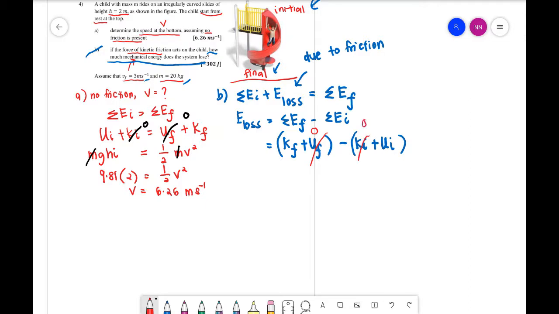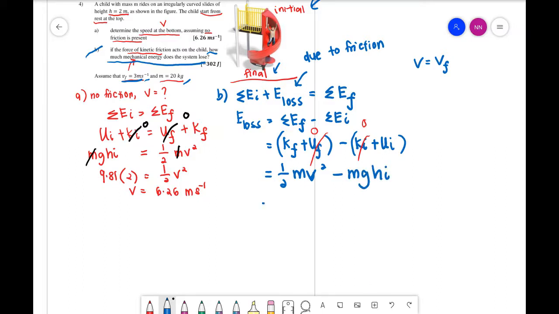Then kita boleh tulis formula lah. Kinetic energy final adalah half m v final squared. So saya letak simbol final velocity adalah V. Kat sini dia letak final velocity simbol adalah VF. So V yang saya maksudkan kat sini adalah final velocity lah. V squared. And then minus dengan potential energy initial, formula dia adalah mg height initial.